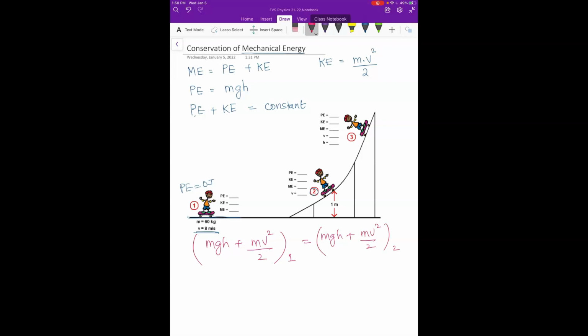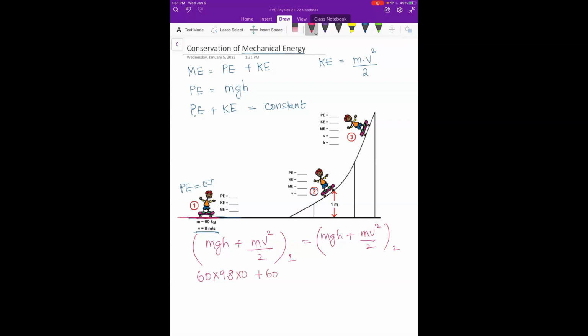Notice that since the term m appears in each one of the terms on both sides of the equation, you can cancel it out. But we are just going to substitute this once. So substituting, we will have 60 times 9.8 at position 1. This is our reference level, so the height is 0, so therefore this is 0.